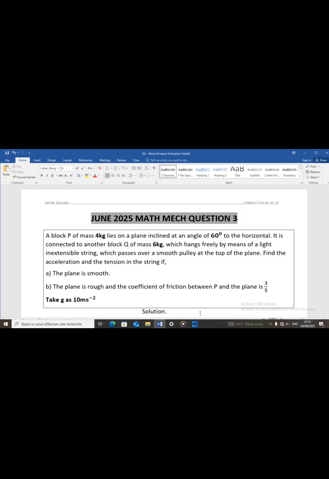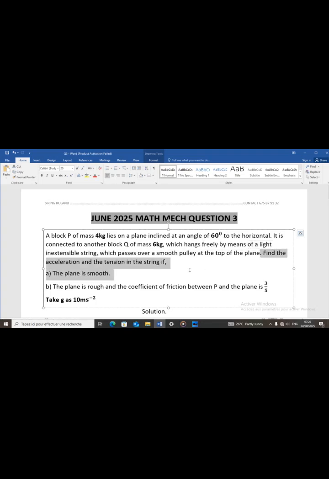The question reads: a block P of mass 4 kg lies on a plane inclined at an angle of 60 degrees to the horizontal. It is connected to another block Q of mass 6 kg, which hangs freely by means of a light inextensible string which passes over a smooth pulley at the top of the plane.